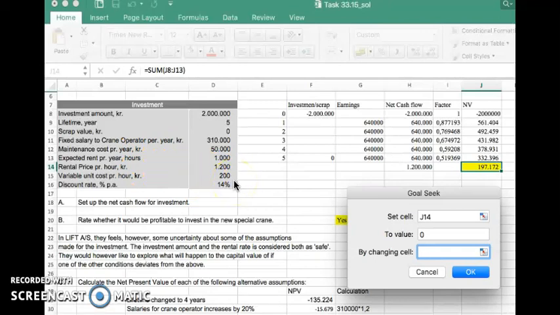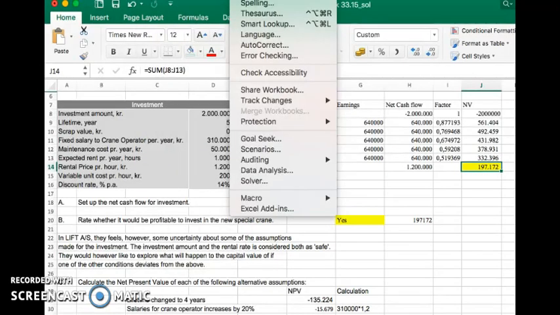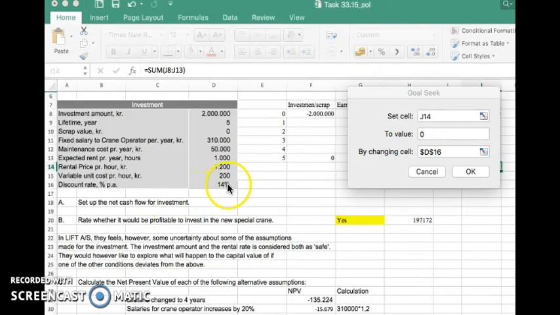Then we say we could look at the lifetime in years if we change this. Back, goal seeking to value 0 by changing cell, by changing the discount rate.